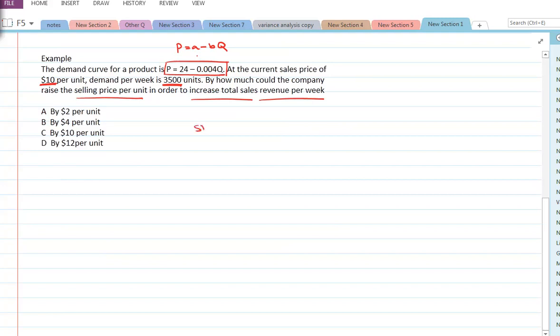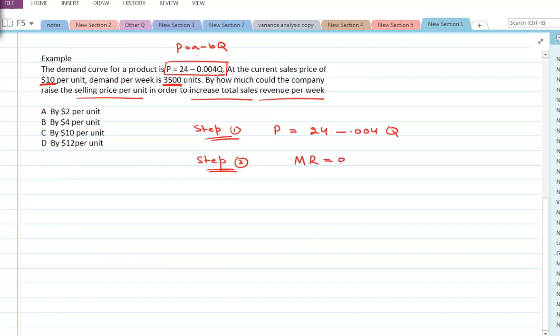Now, step number one, we'll start with the demand equation, which is given to us already: P is equal to A minus BQ. So we are going to write P is equal to 24 minus 0.004Q. Step number two, revenue will be maximized when the marginal revenue is equal to 0.